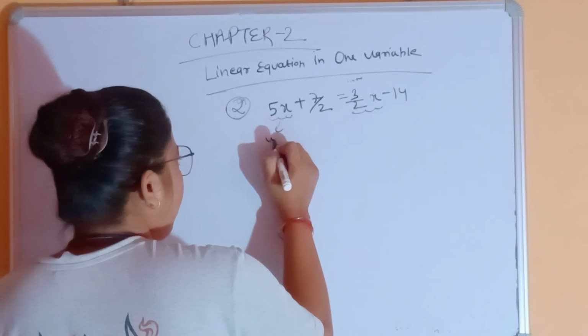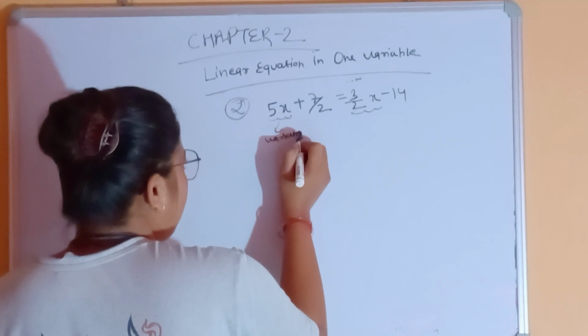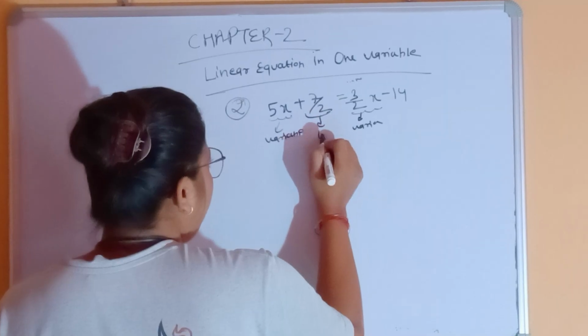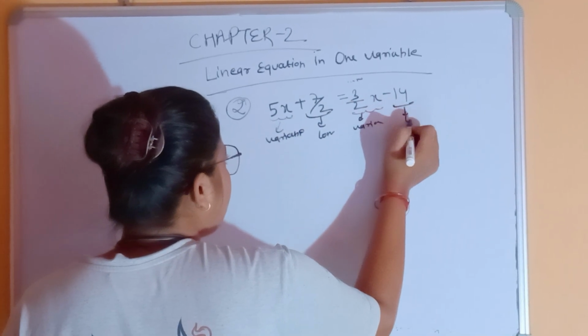Here it is a variable and this is also a variable. 7 by 2 is a constant. 14 is also a constant. Okay.